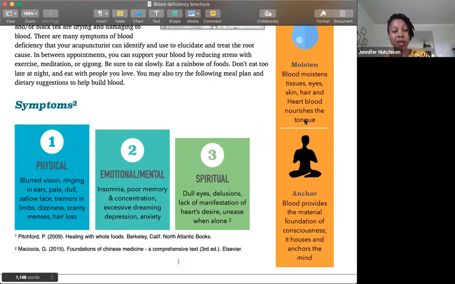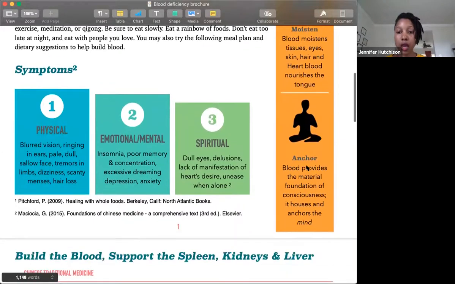So the tongue is really important in Chinese medicine. If you've seen an acupuncturist, they've always asked you to show them your tongue. When you see a tongue that's very pale, that's dry, that often means there is some blood deficiency, because the tongue will be more red or pinkish if there's blood that's actually available.